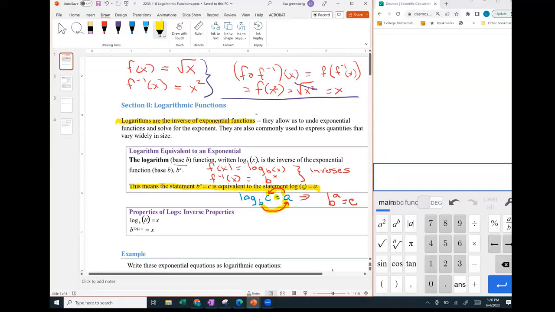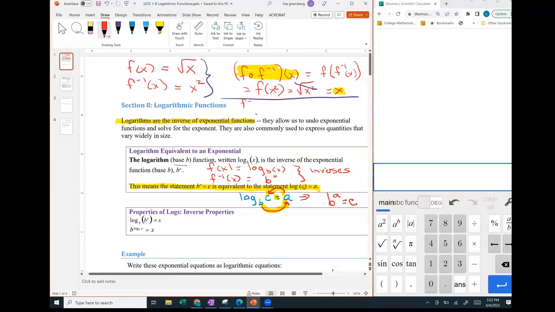So whatever way you like, I don't care. I don't actually care which way you do things, as long as you do them properly. Just like I said before, they're inverse functions. Remember at the top, when I took the composition of the inverse function, I ended up with x. If I do it the other way, I'll also end up with x.